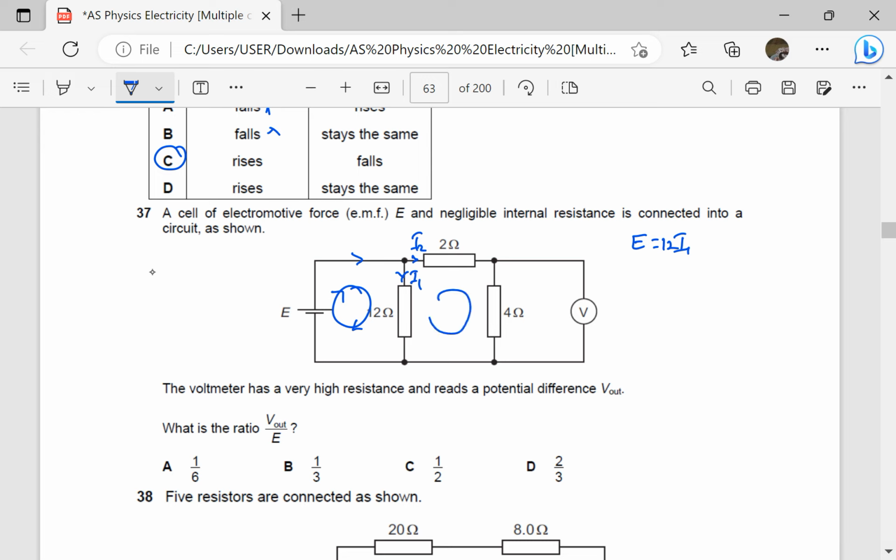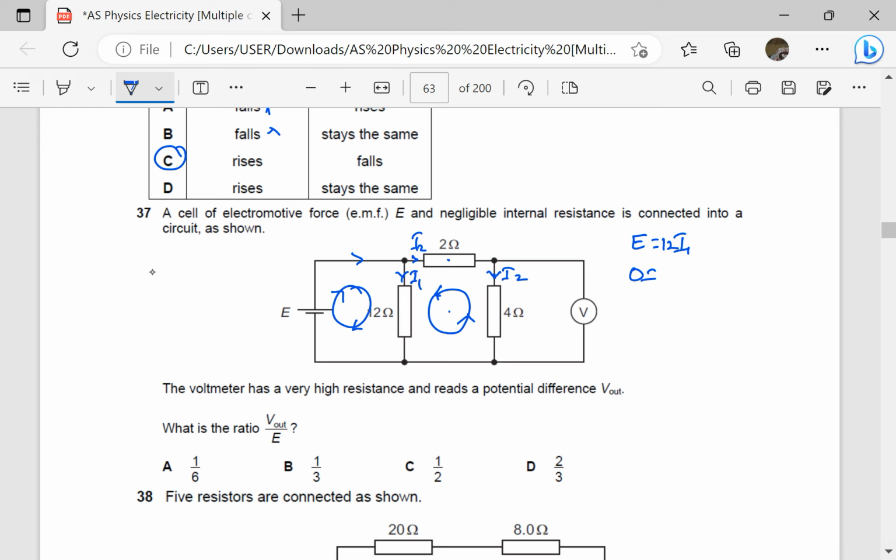Then I put this loop downwards and clockwise. There is no cell here, so the EMF is 0. And the sum of PDs moving anti-clockwise. No current takes this route, the current here is the same current here, so this is going to be I2.